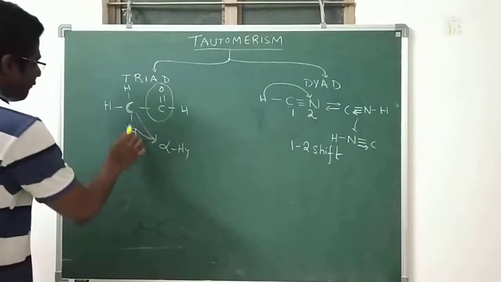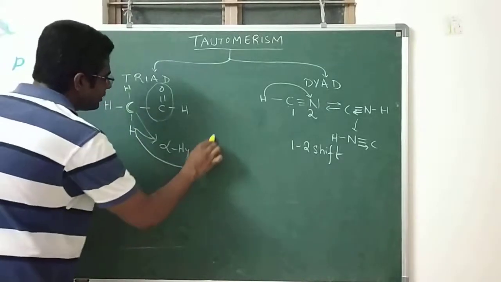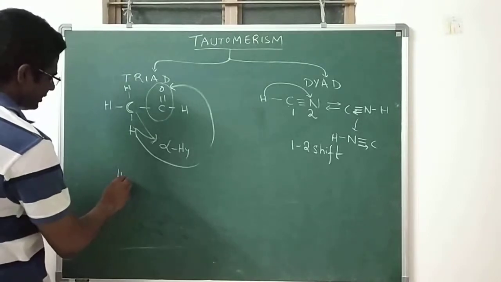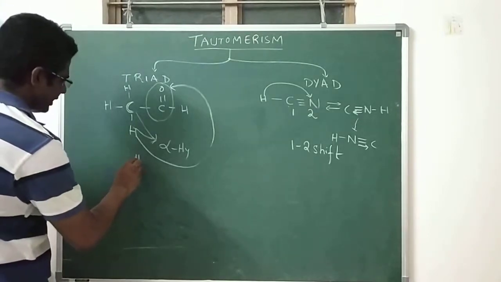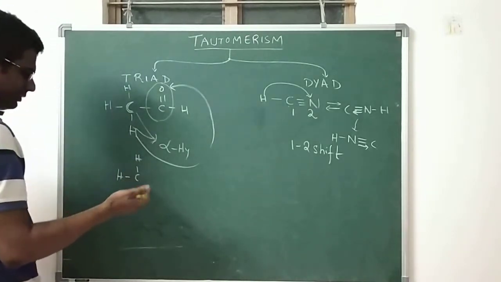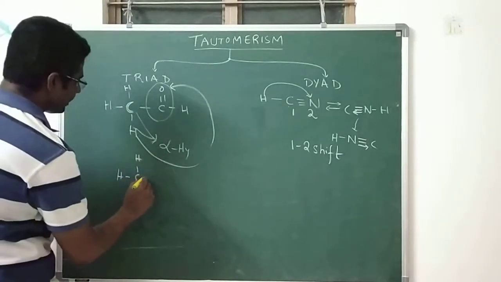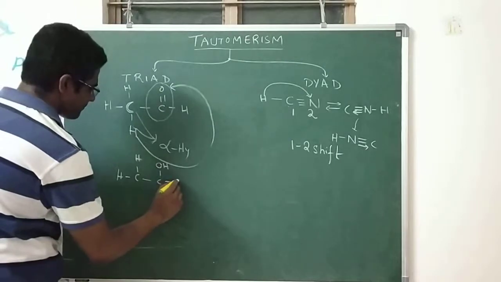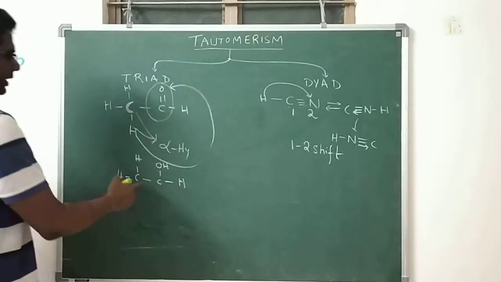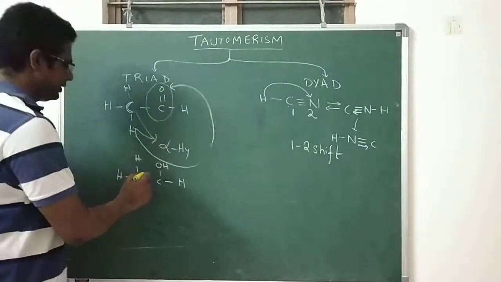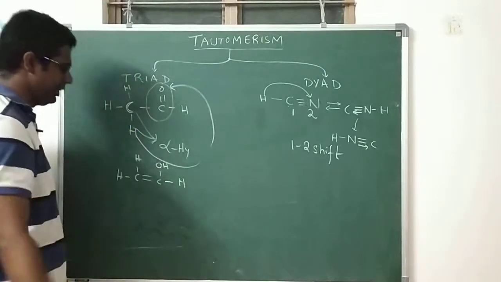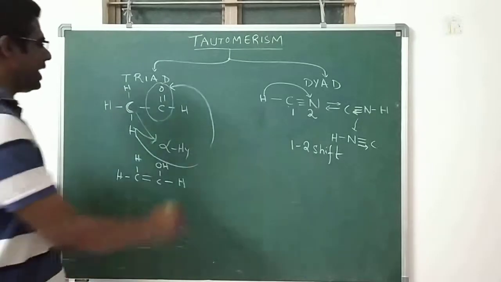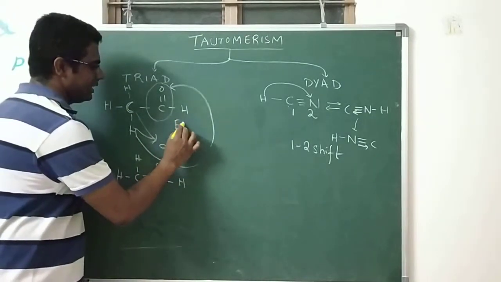So if this alpha hydrogen shifts like this, then what happens? The structure becomes like this, right? The structure becomes like this. Now here the carbon is having 3 bonds, here also this is 3 bonds, so here you will have a double bond. So if you see, what was this? Ethanol, right?